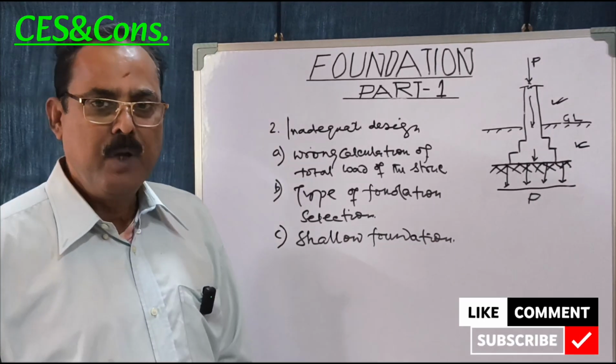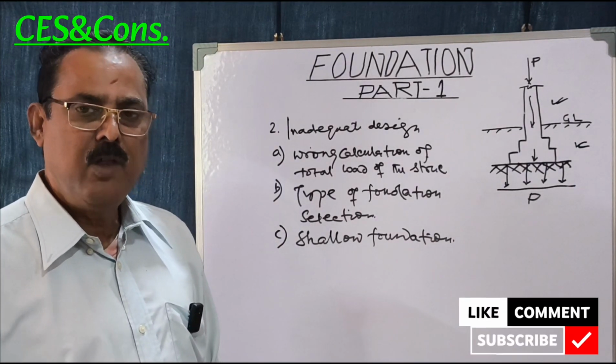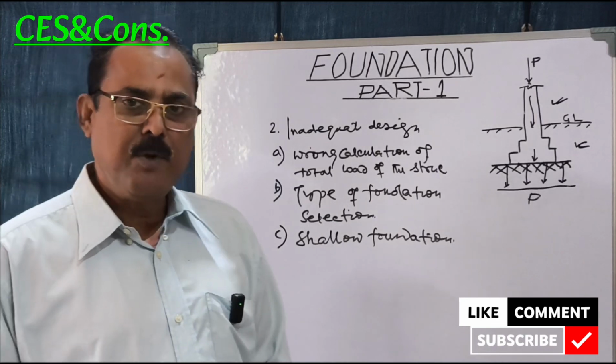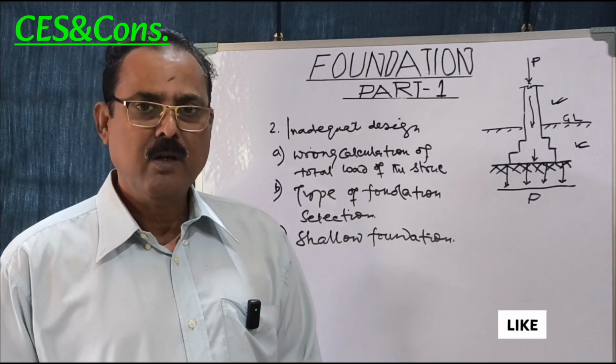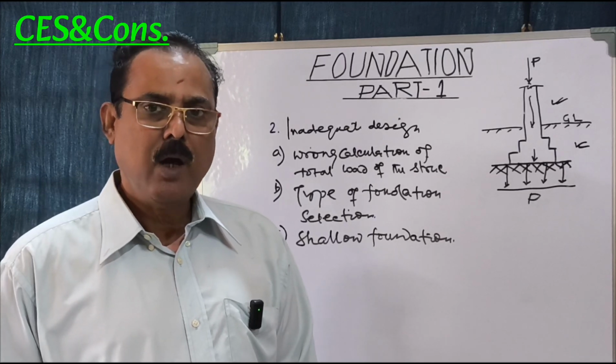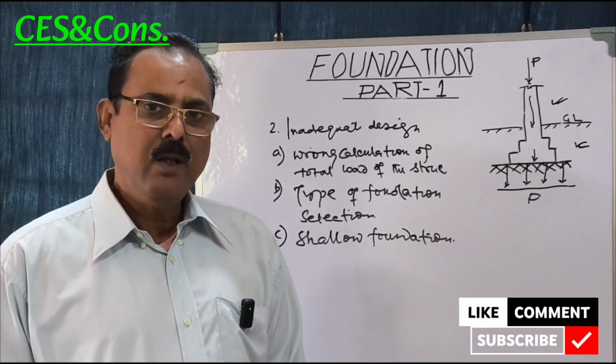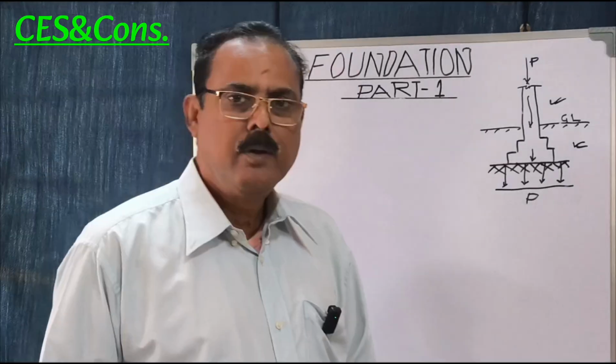Shallow foundation means the earth level where the foundation is resting does not have sufficient bearing capacity. It has not good earth. That's why the foundation cannot bear that soil.